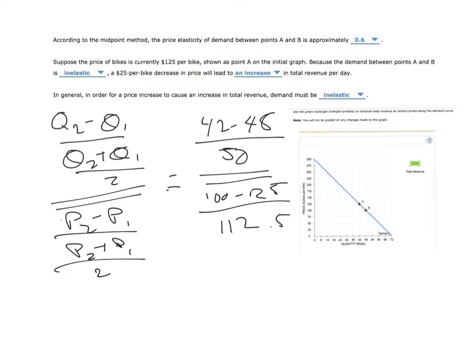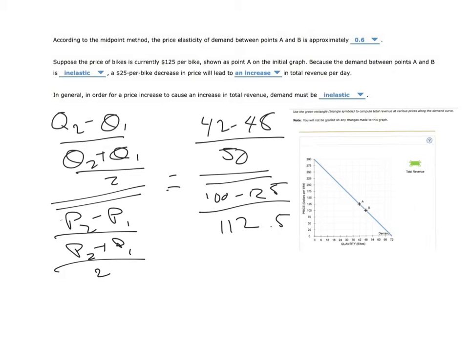So the formula you want is right over here. So the change in output with respect to a change in price, Q2, quantity at the second price minus quantity at the first price, divided by Q2 plus Q1 divided by 2. That's the midpoint part. P2 minus P1 divided by the midpoint between those 2 points.